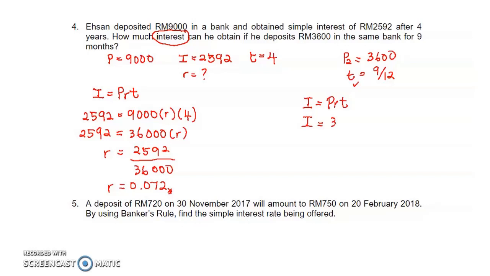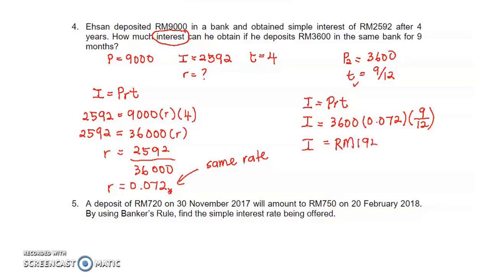Now principal 3,600, rate just now in the same bank, so rate is 0.072. Now T is 9 months, convert to years, divide by 12. So when you calculate this, you will get RM194 ringgit 40 cents.